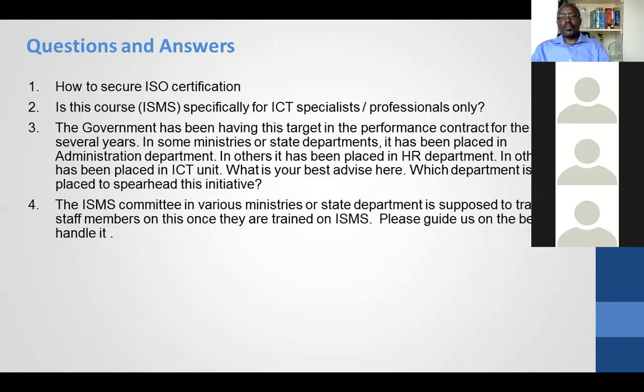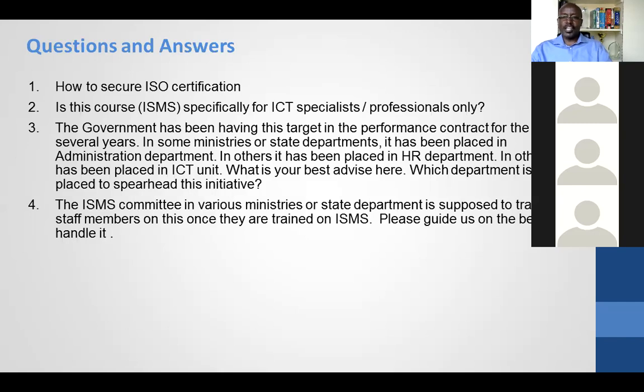But as you form the implementation committee, you have to ensure that all the other business units are involved. So for instance, let's say an organization has appointed an information security management system manager, who also happens to be the head of IT or the director of IT. That person is going to do the implementation together with a committee, and that committee is going to be made up of the other heads of department.